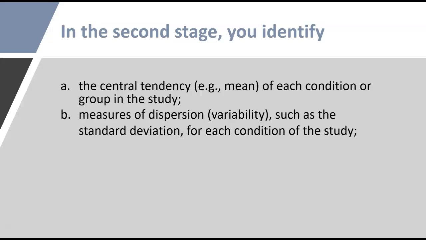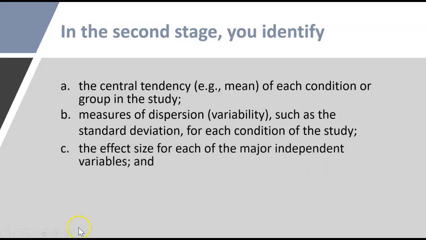For quantitative data, what we're typically reporting is the standard deviation for each of the conditions of the variables. And then finally, we want to report effect size. Now, your authors are including the effect size as a descriptive. I typically don't report effect sizes as descriptive statistics. I report them right along with my inferential test results. But from a statistical standpoint, it is a descriptive piece of information.